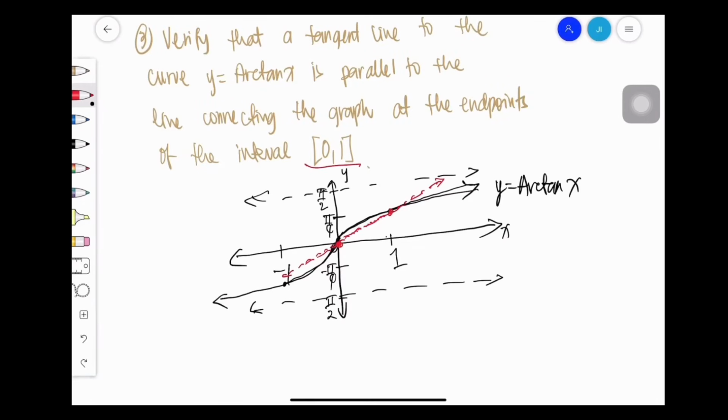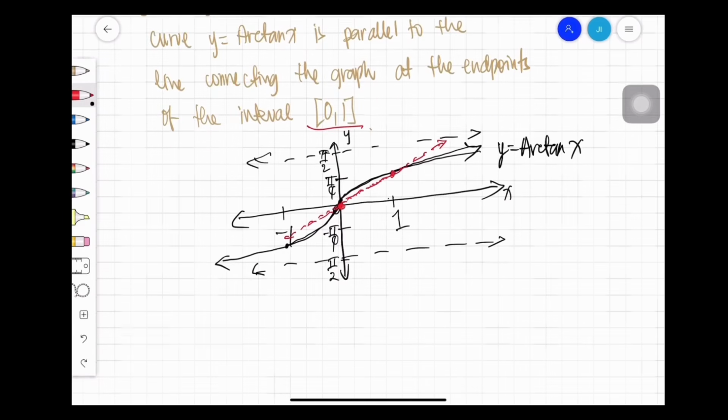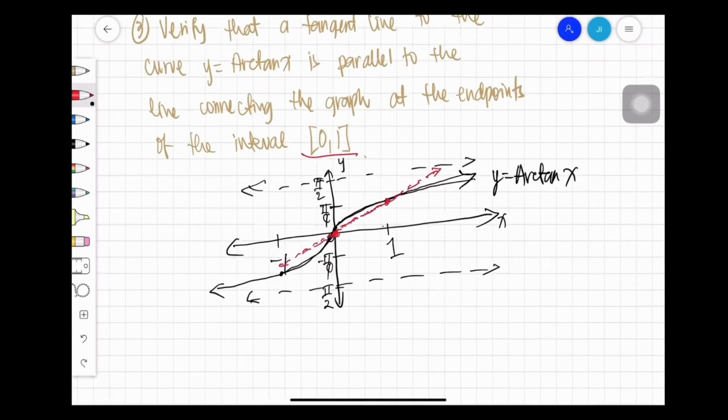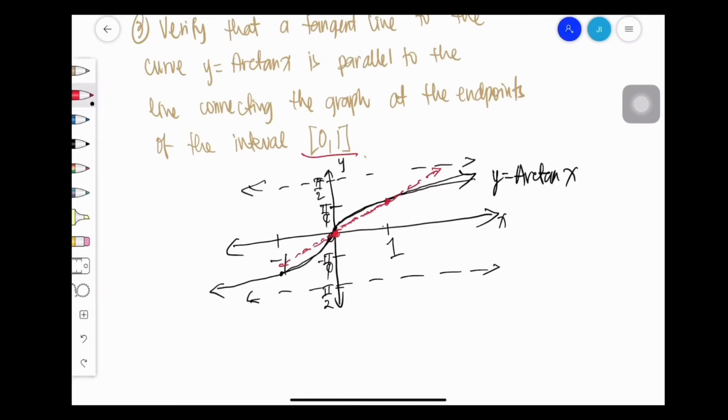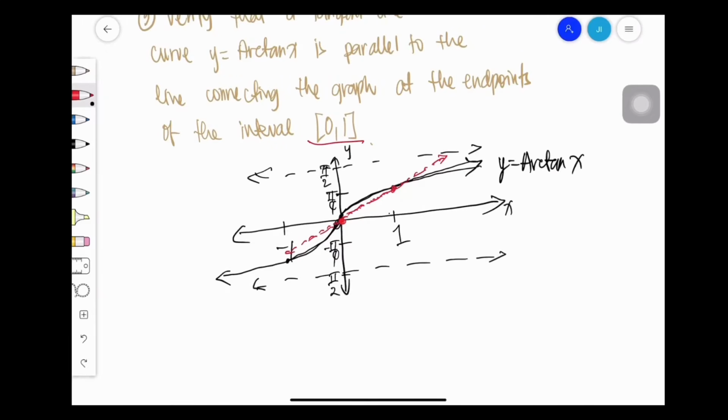Then how do we do that? Well, if our function satisfies the assumptions of the mean value theorem, then we can analytically verify that there is a number c between 0 and 1 such that its slope is the same as the slope of this line. Okay, let's verify if the function y equals arctangent x in the closed interval 0 to 1 is continuous and differentiable.